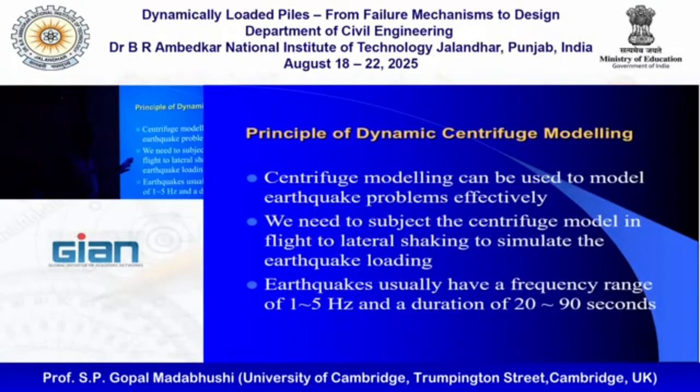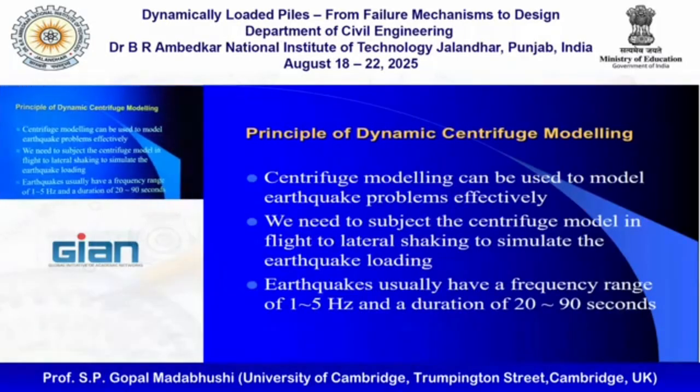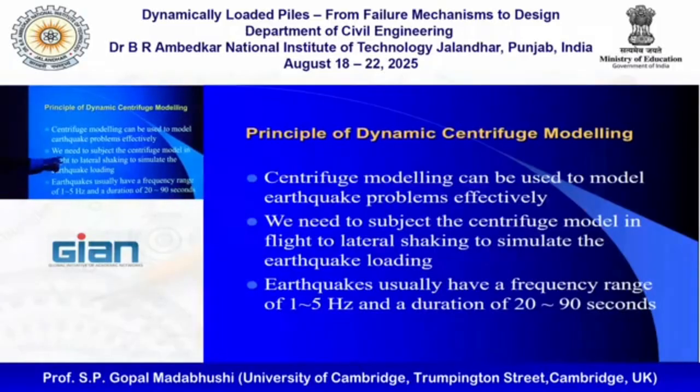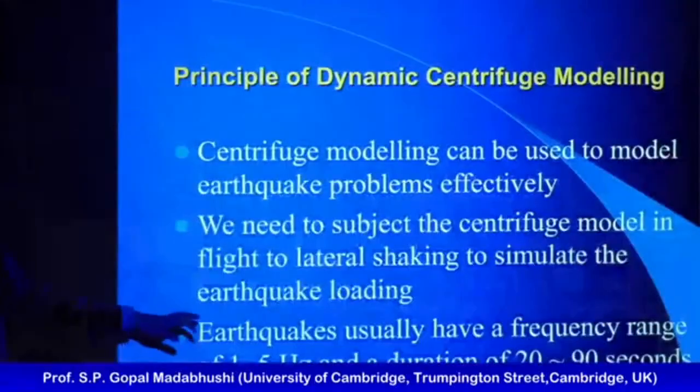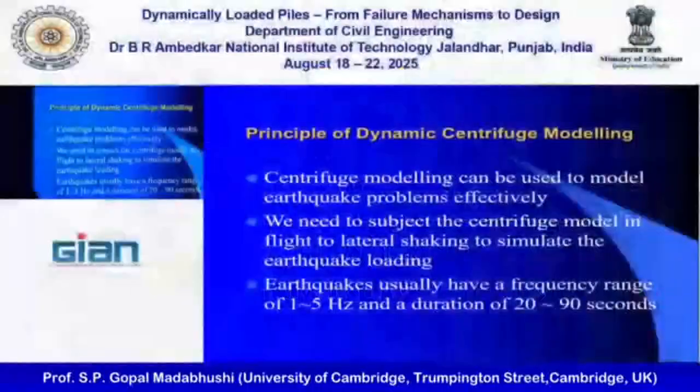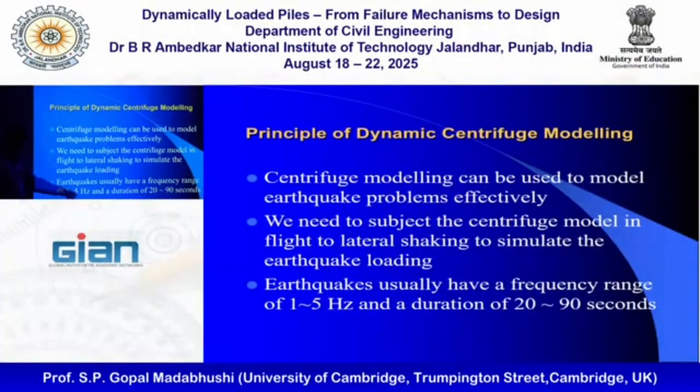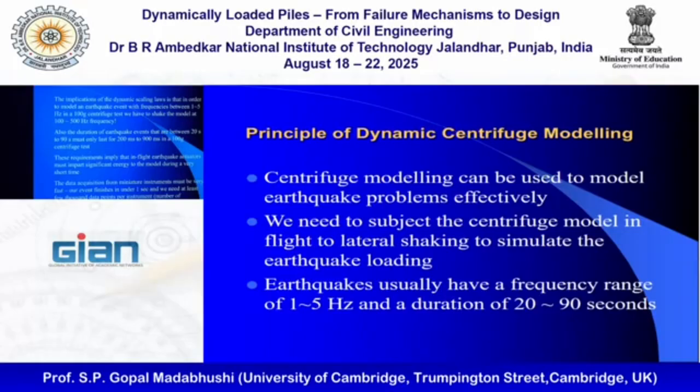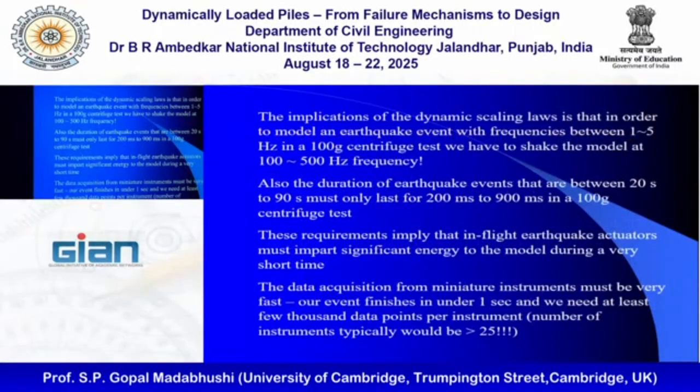So if you want to model the earthquake problems effectively, we need to subject the centrifuge model in flight, while it is spinning, to lateral shaking to simulate earthquakes. But compared to real earthquakes, which have a frequency range typically between 1 to 5 hertz and a duration of 20 to 90 seconds, a minute and a half is about most earthquakes, the scaling laws now mean that, say if I want to do this test at 100 G, I need to shake my model at 100 to 500 hertz.